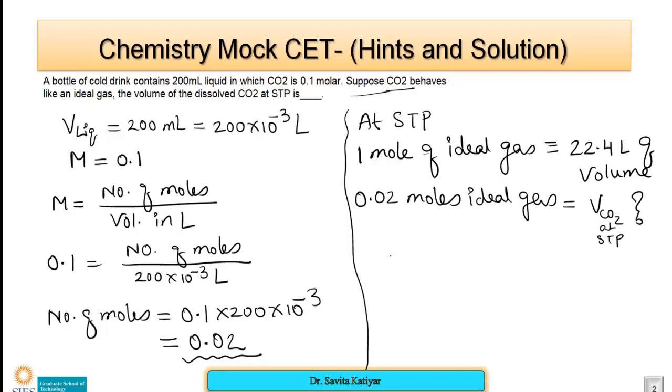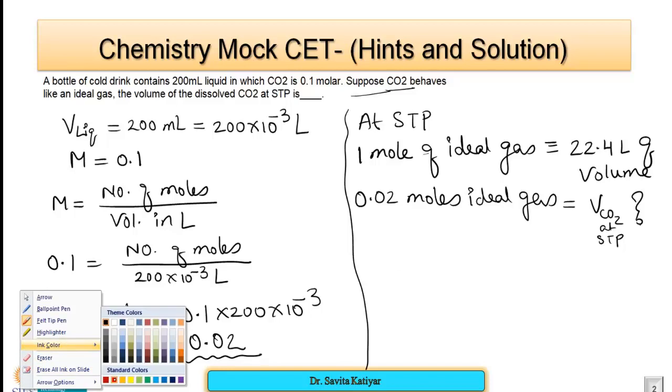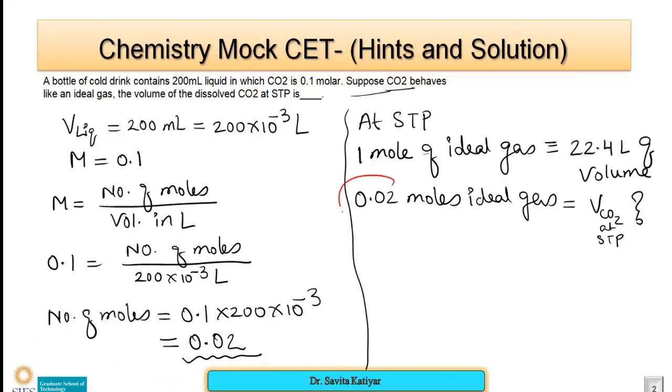So the volume which would be occupied by CO2 if it is acting as ideal gas at STP condition would be, we have to do cross multiplication, this multiplied by this divided by this.